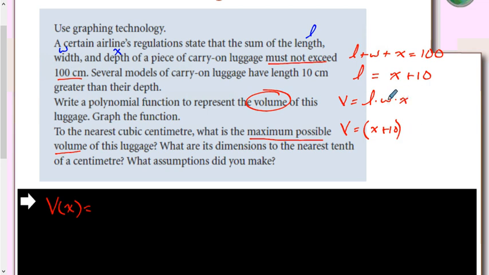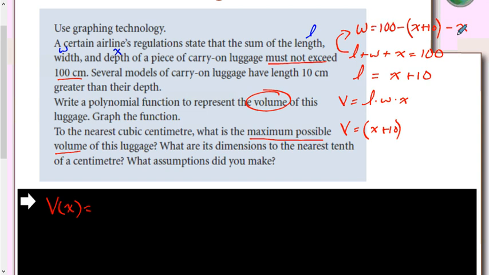So I need to come back to this equation up here and say, oh, can I isolate my W? And I can. So I can do 100 minus the length, but instead of length, I'm going to do x plus 10, minus the depth. And then I'll simplify that expression.